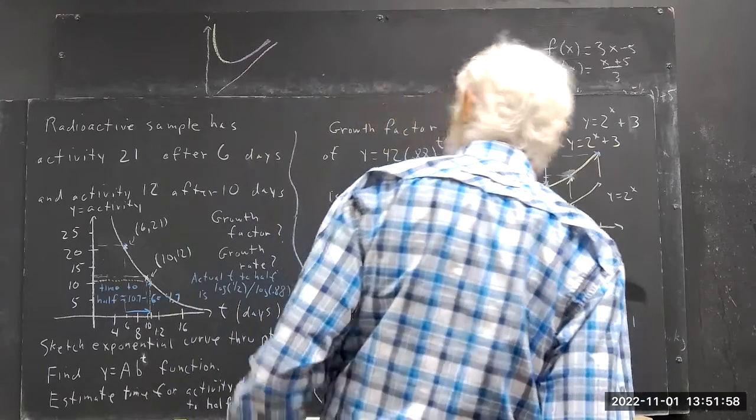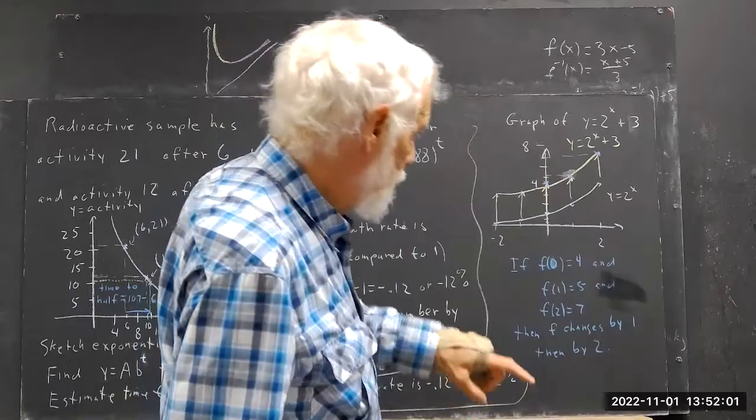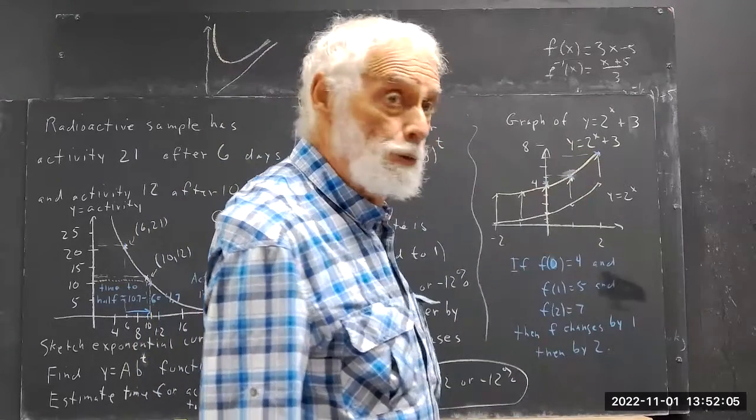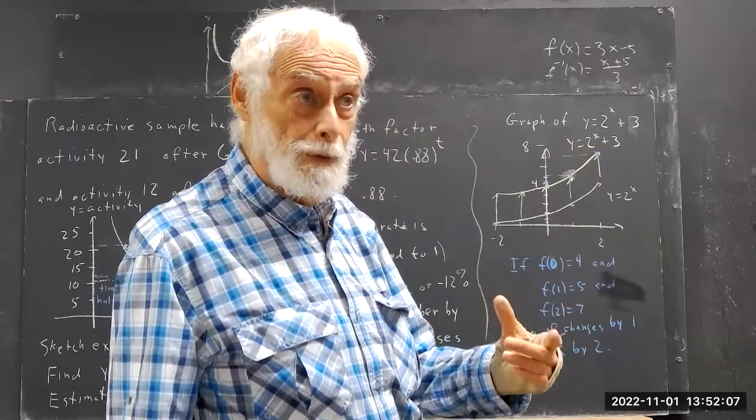You'll have to rely on open math. They don't have time to say everything I need to say. When x changes by 1, then F changes by 2 on equal.